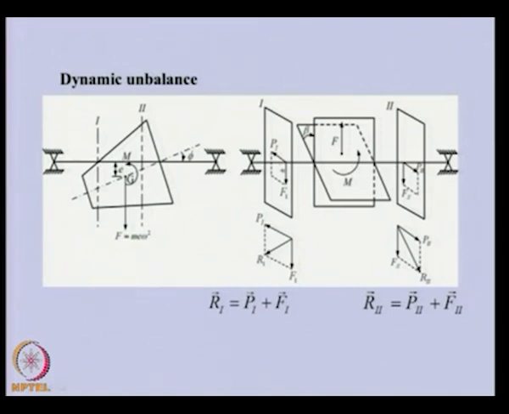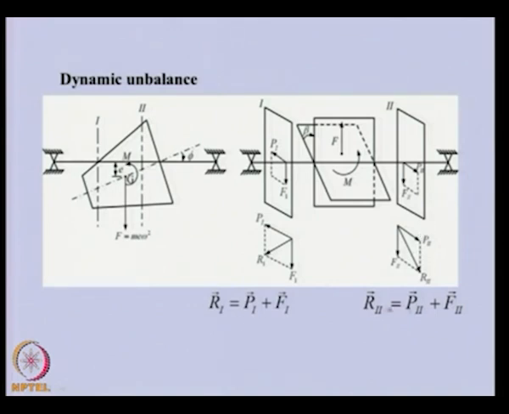Now, to balance the whole system, obviously we need to find the resultant of these two. So, this is the resultant R1, which is the resultant of P1 and F1, and resultant R2, which is the resultant of F2 and P2.